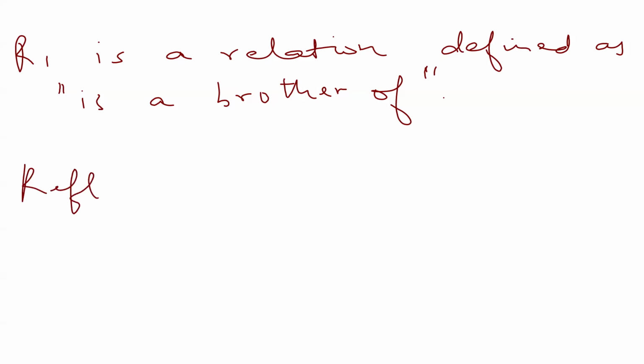So first we are going to check reflexive. Is a person a brother of himself? Why himself? Because in reflexive we check with respect to the object itself. So it's highly incorrect logically, right?